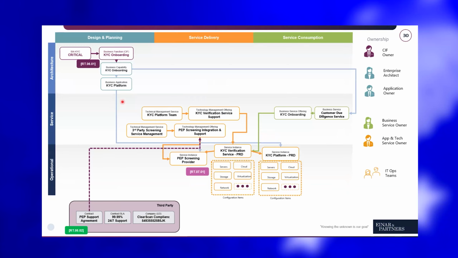So here it all starts in what ServiceNow calls the design and planning domain. So typically that's where you have your business application. So here you see there is a business application for Know Your Customer. And for DORA, what we have done with clients is then actually link our critical important functions in there.